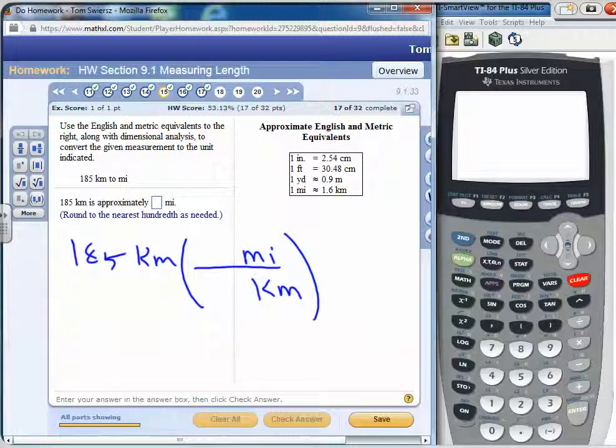All right, so we have 1 mile for every 1.6 kilometers. The 1.6 is in the denominator, so we're going to divide. Okay, so 185 divided by 1.6.